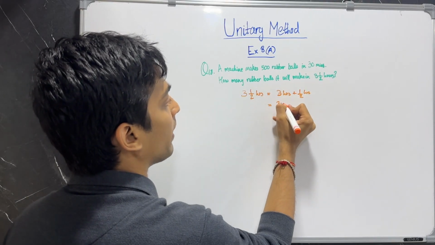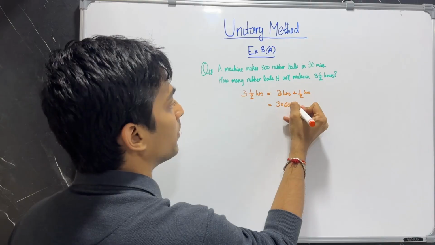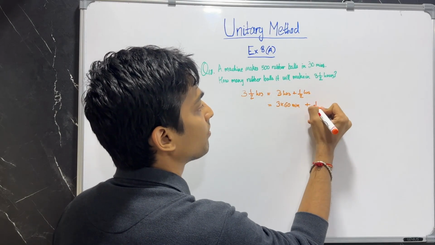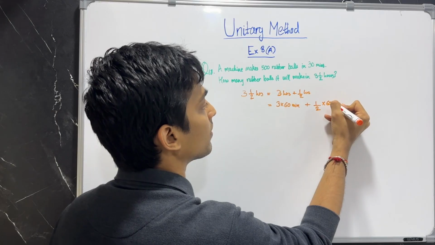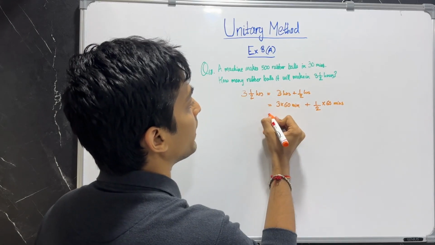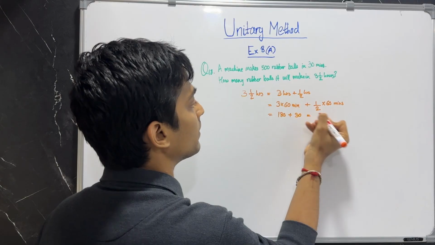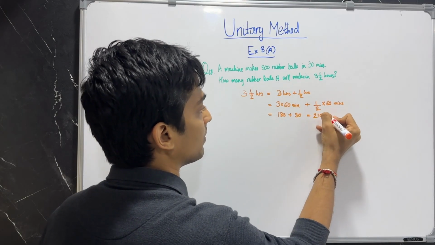So 3 multiplied by 60 minutes, because 1 hour has 60 minutes, plus half multiplied by 60 minutes. So we get 180 plus 30, which is 210 minutes.